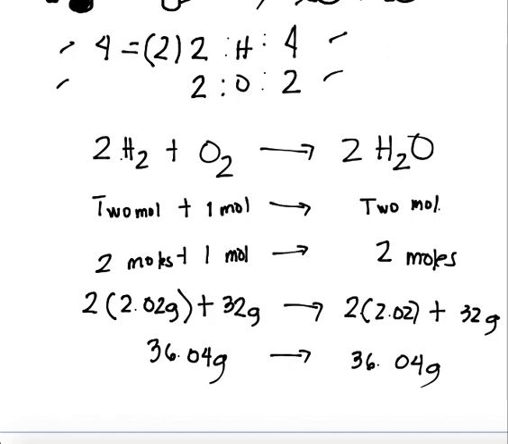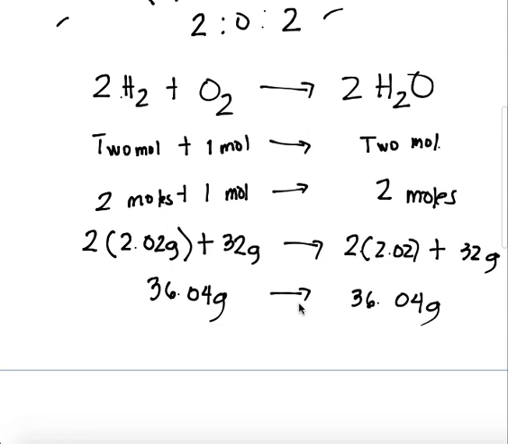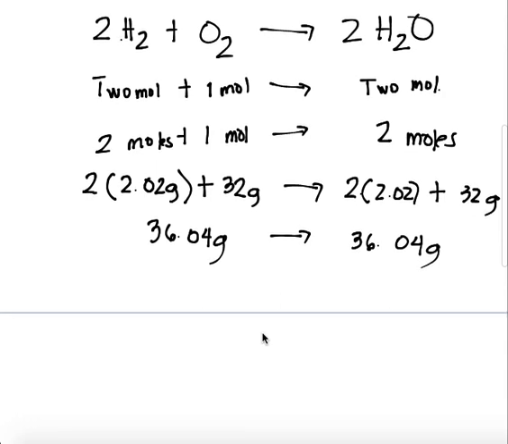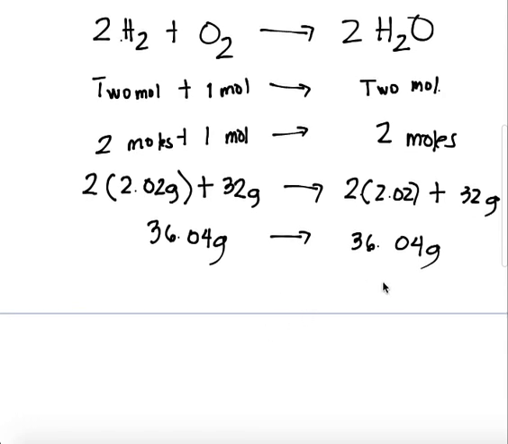Another example. Let's try to balance this equation. In the laboratory, a small amount of oxygen gas can be prepared by heating potassium chlorate, or KClO3. Okay? The products are oxygen gas and potassium chloride. So let's try to write that equation.